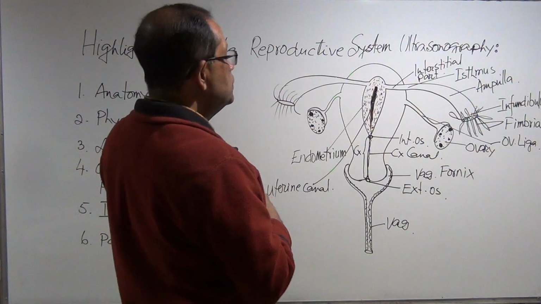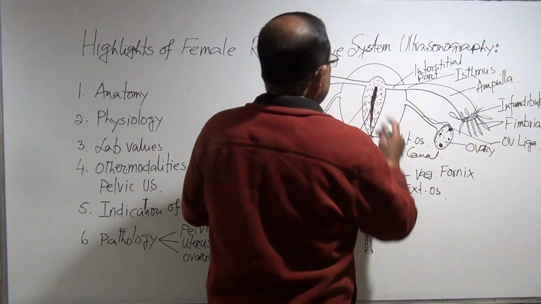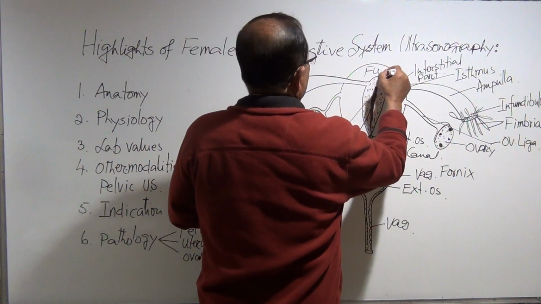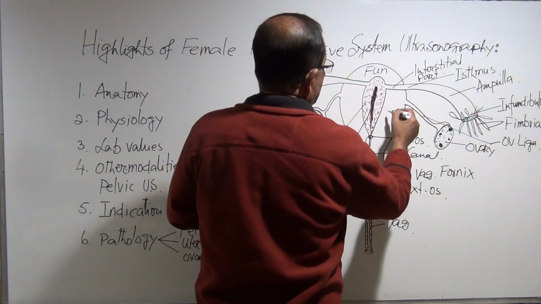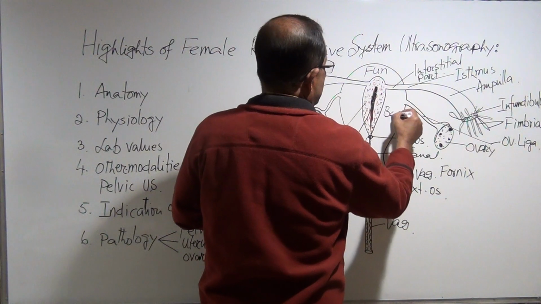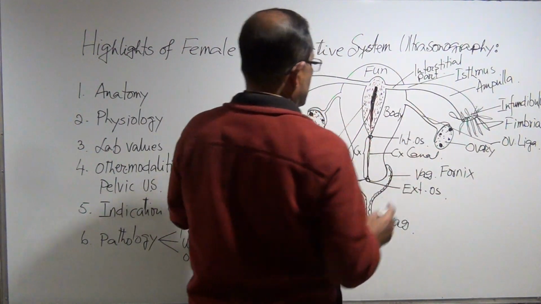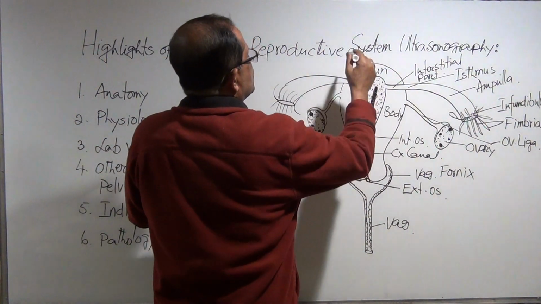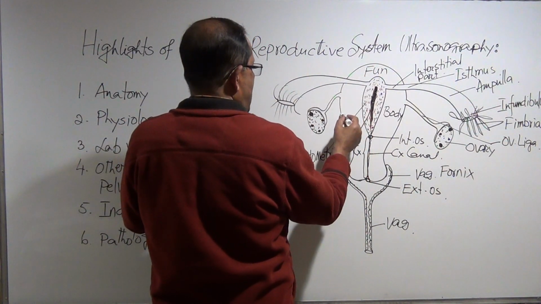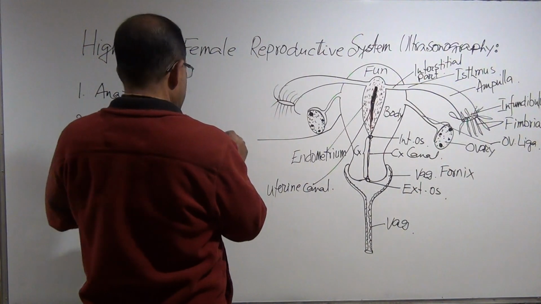Okay, so now we can see the complete parts of the female reproductive system. This is fundus, this is body, this is cervix. So this layer, the outer layer, is known as perimetrium.